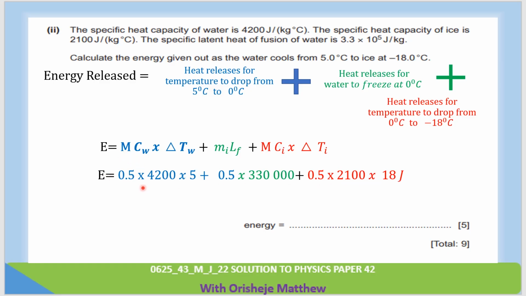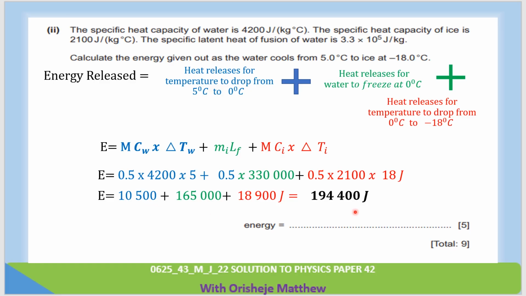You know why we have 0.5? It's because it's the same quantity of water that got frozen, the same quantity of water that converted from liquid to solid, and then the temperature started dropping after it solidified. So the same quantity, so that's why 0.5 remains constant in this calculation.